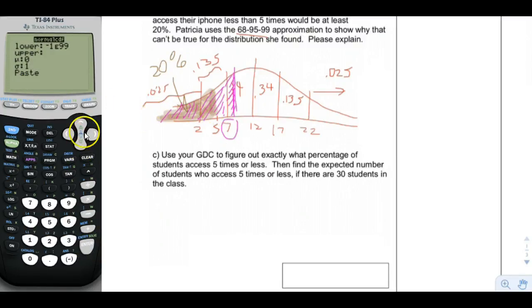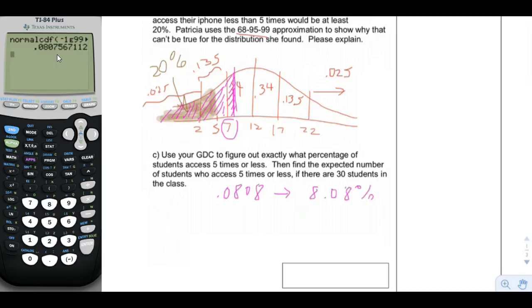The right boundary is 5. The mean is 12. And the standard deviation is 5. Okay. And the answer is 0.0808. And the percentage is 8.08%.